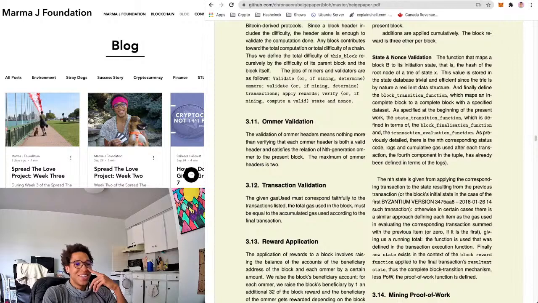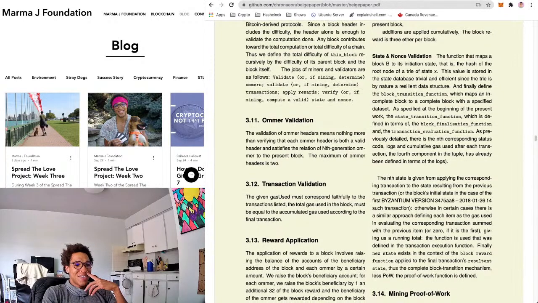The end state is given from applying the corresponding transaction to the state resulting from the previous transaction, or the block's initial state in the case of the first such transaction. Otherwise, in certain cases there is a similar approach, defining each item as the gas used in evaluating the corresponding transaction summed with the previous item, or zero if it is the first, giving us the running total.